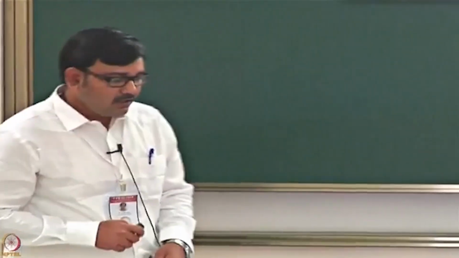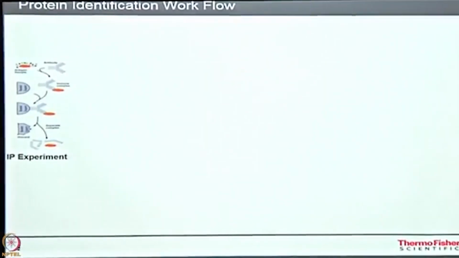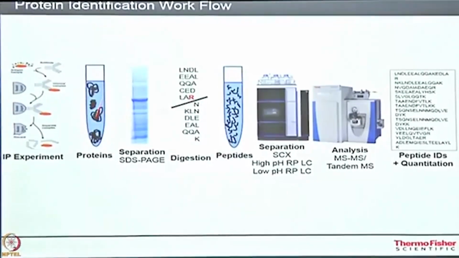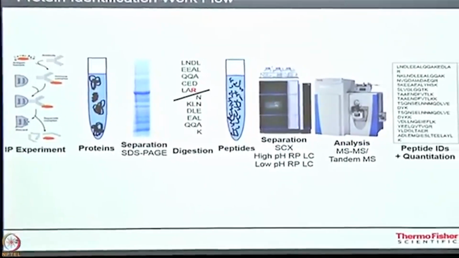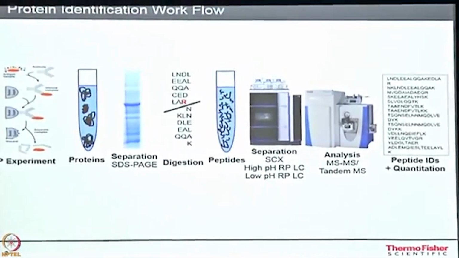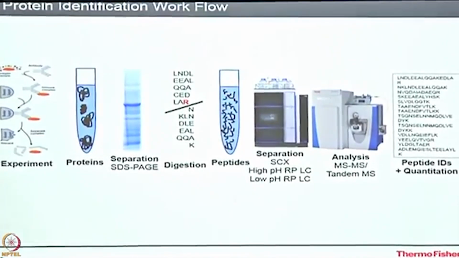So you have already done this experiment. You have precipitated the protein. What is the next step? Either you start with this protein, you can run an SDS-PAGE, or in solution you can digest the protein with some protease, for example trypsin, which cuts after arginine and lysine. Then it makes a peptide mixture.